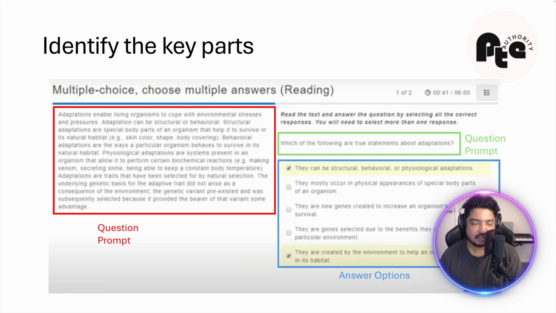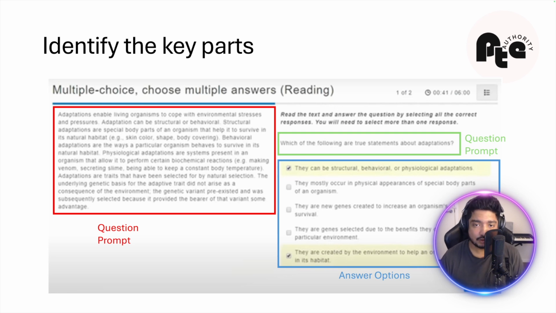The text should contain approximately 300 words, and it's the one in the red box as shown in the diagram. Then it should have a question prompt, that's the one in the green box, and as usual there's 5 to 7 answer options for this question type, and there's usually 2 to 4 right answers.